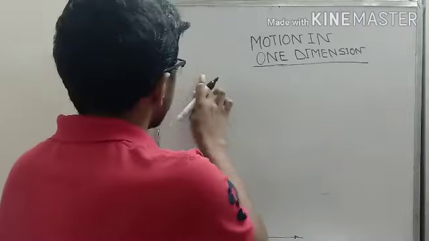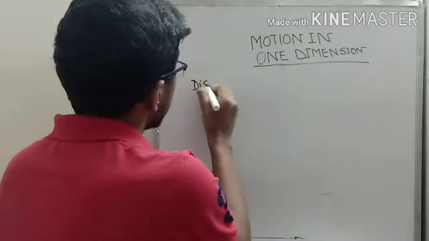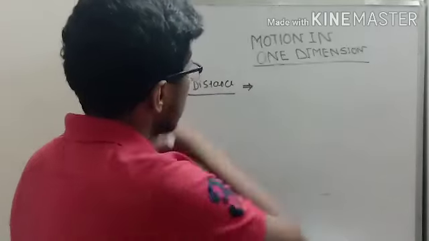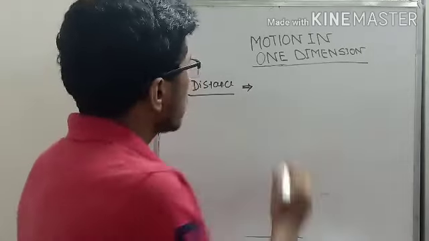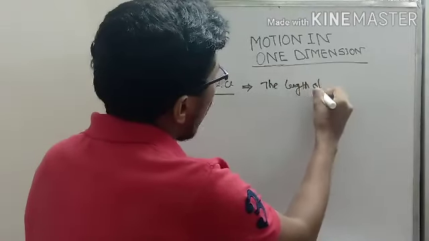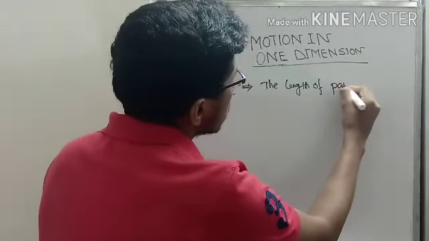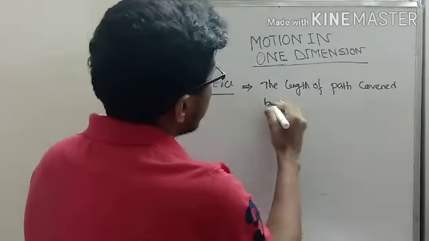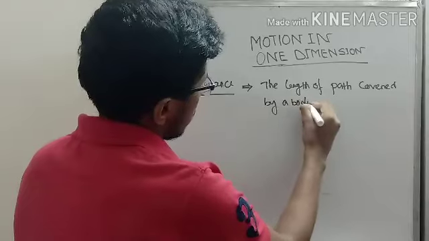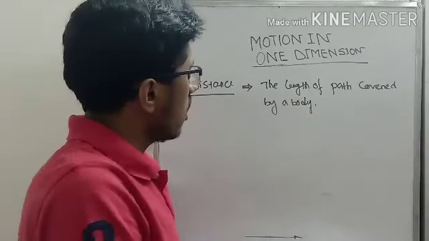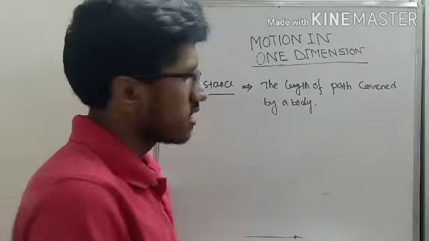First is distance. The length of the path covered by a body is called distance.